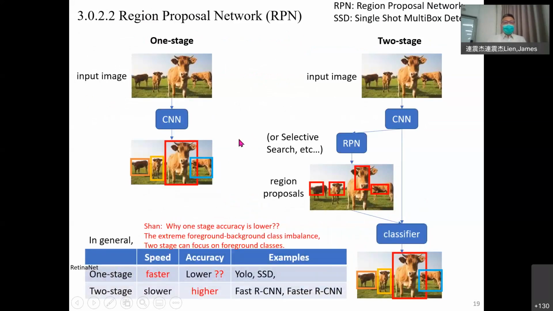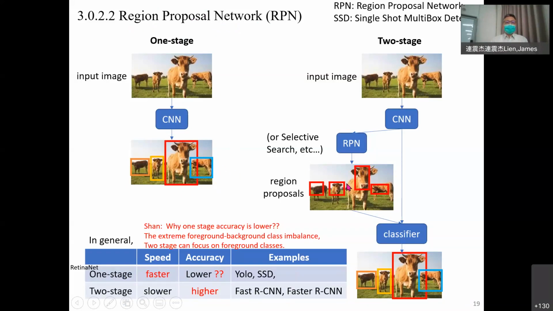And here for bounding box detection, there are two approaches. One we call RPN, region proposal network. Region, what's the region? It's the bounding box. Proposal, what's the proposal? Proposal means prediction. So it's a prediction network, a bounding box prediction network.